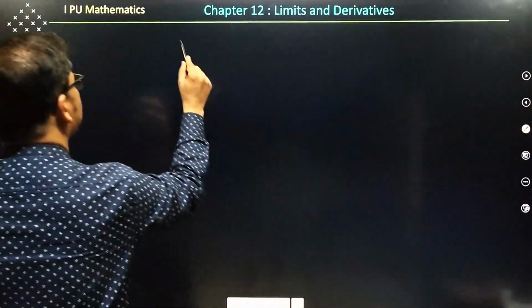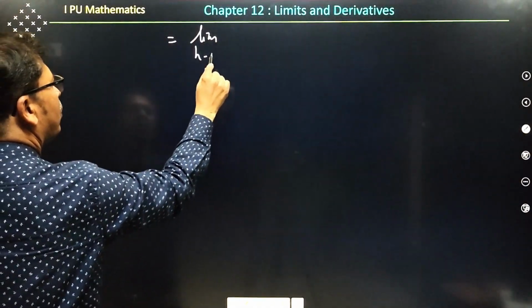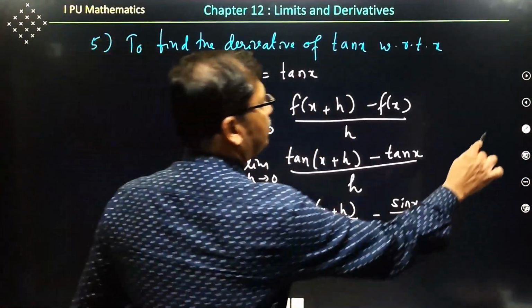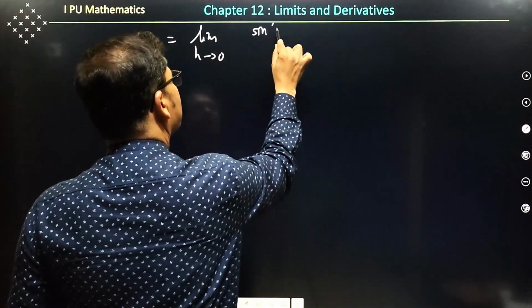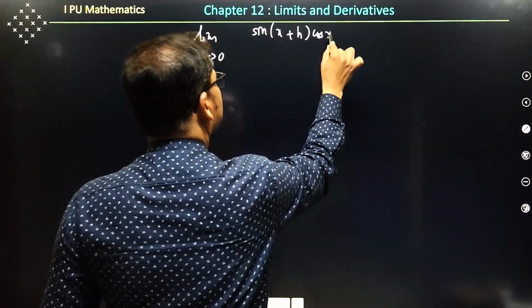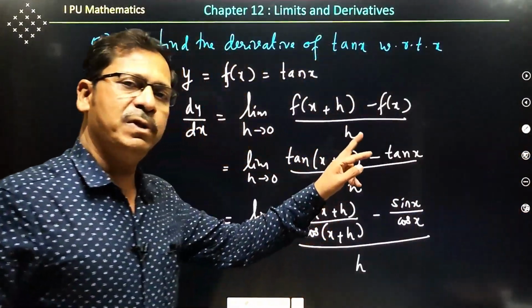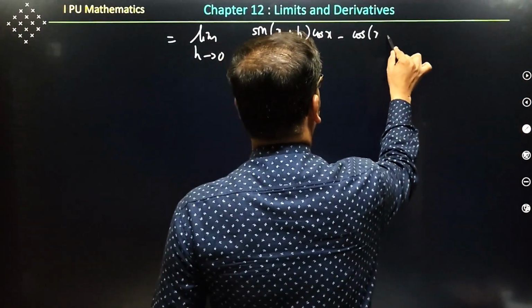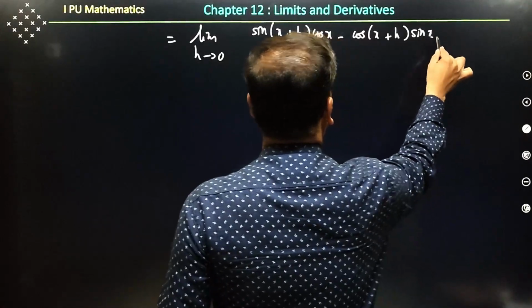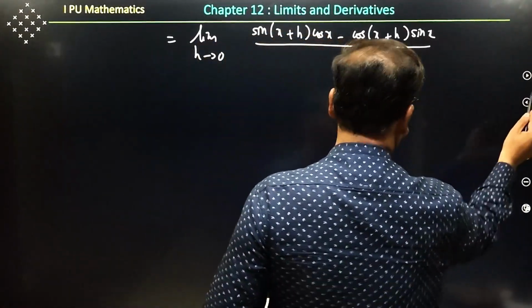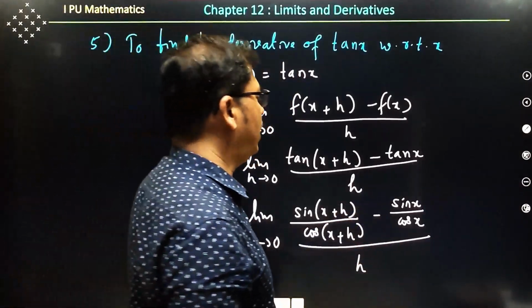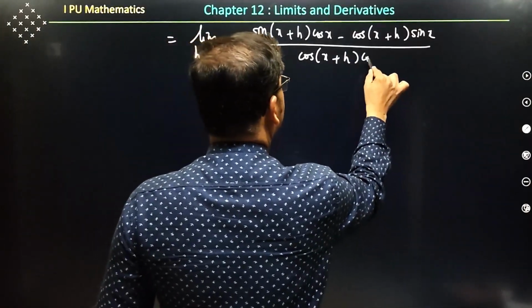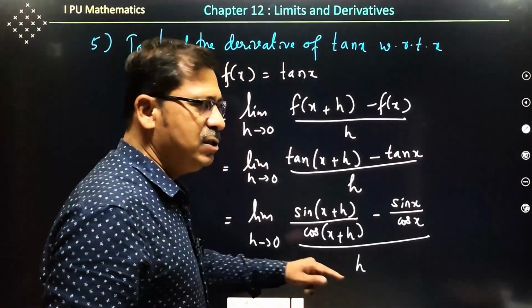So limit h tends to 0, you write as it is. This is equal to limit h tends to 0. By taking LCM, I can write sin of x plus h into cos x minus cos of x plus h into sin x, whole divided by, taking LCM, cos of x plus h into cos x, whole divided by h.